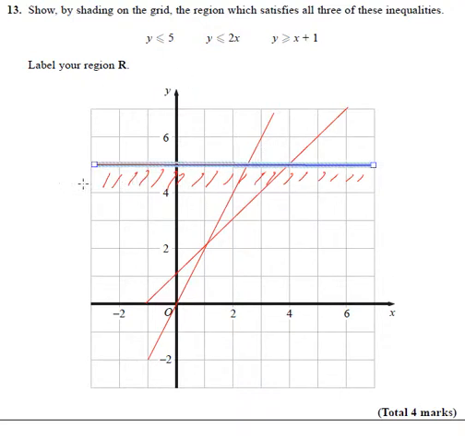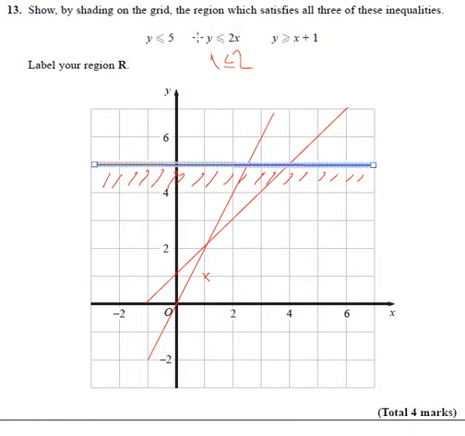The next one you get is y is less than 2x. Obviously when you do this, do these in pencil, because you're going to rub out some of the shading afterwards. You've got y is less than 2x. So that's here. For this line, choose a point that's not on the line. Let's choose the point 1, 1. If x is 1 and y is 1, you'd get 1 less than 2.